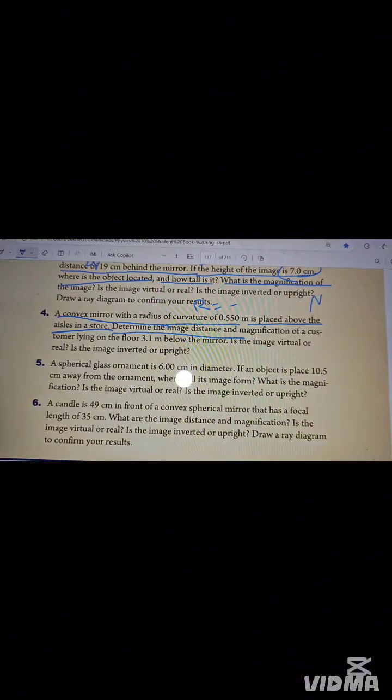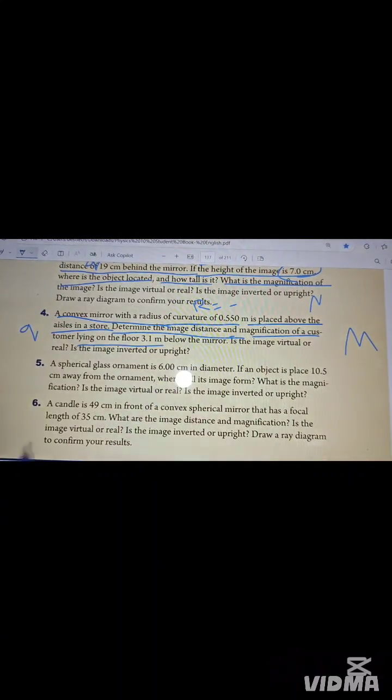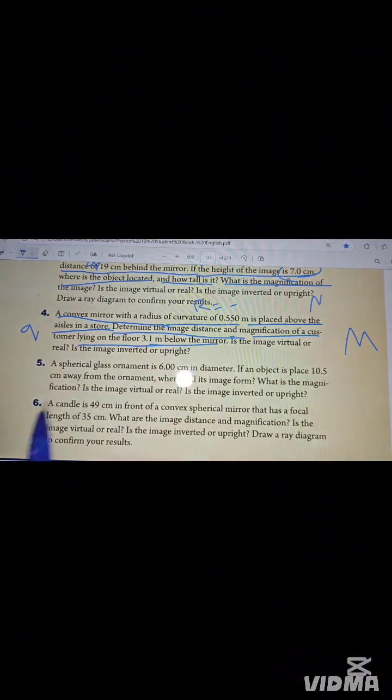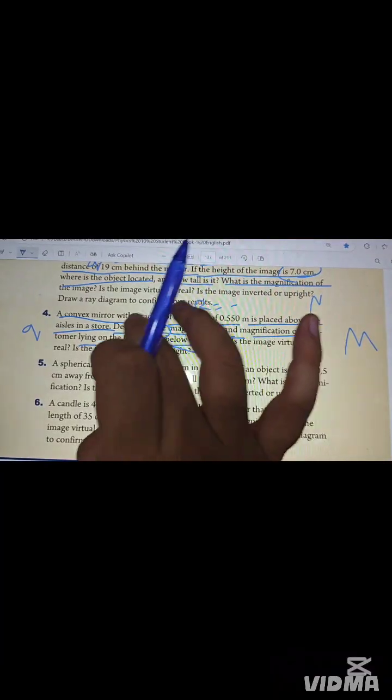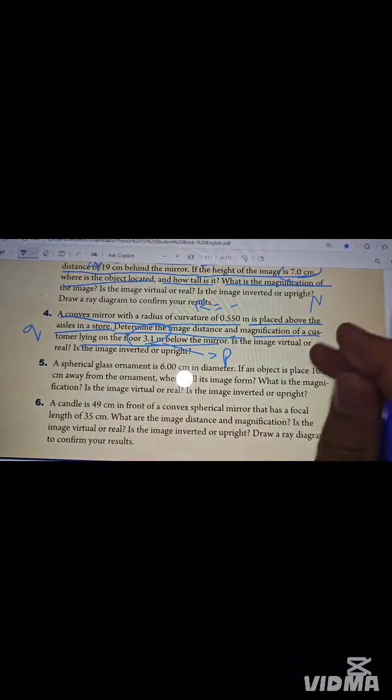It is placed above in a store. Determine the image distance and find Q and magnification M. Lying on the floor 3.1 meter below the mirror, so this value is P. Is the image real or virtual?